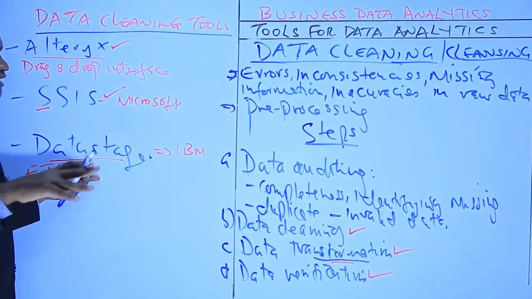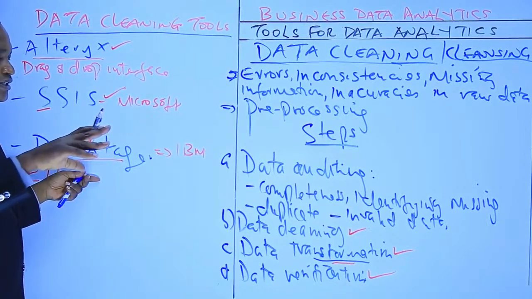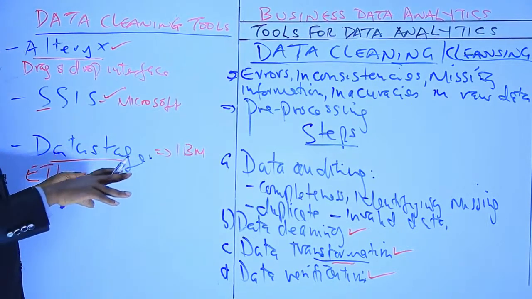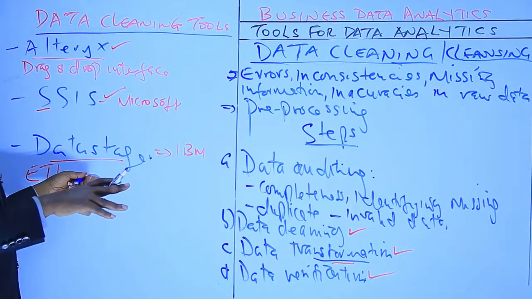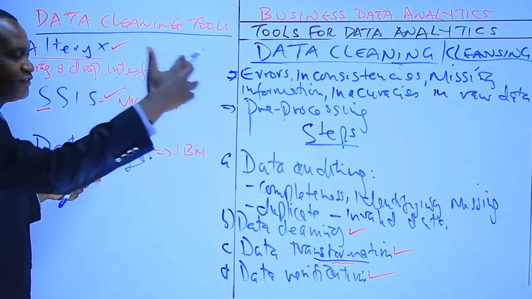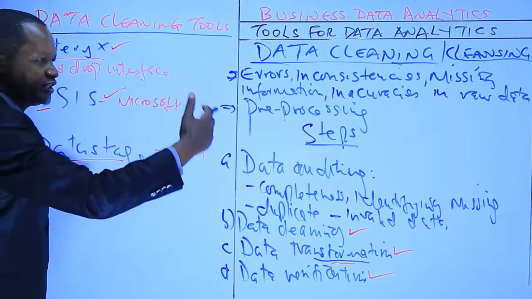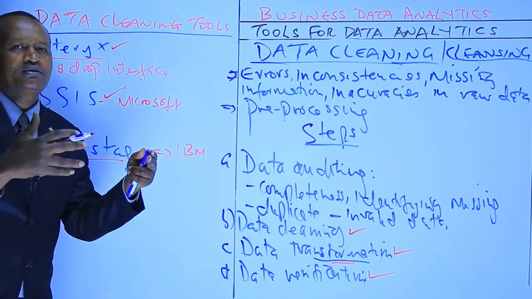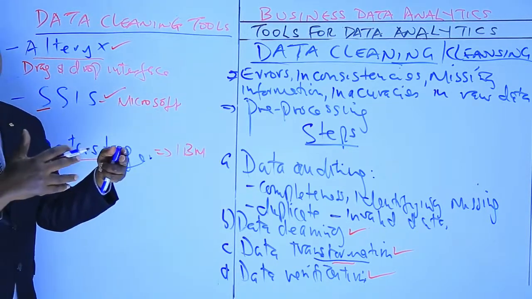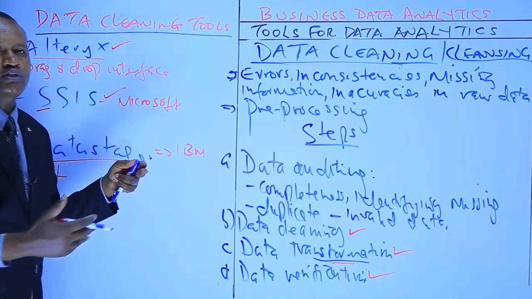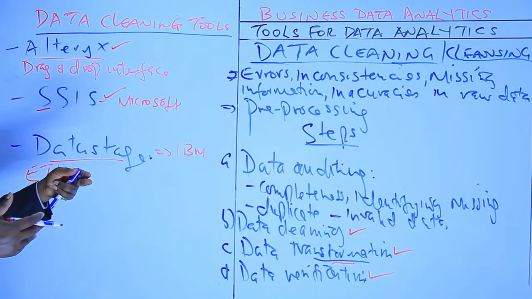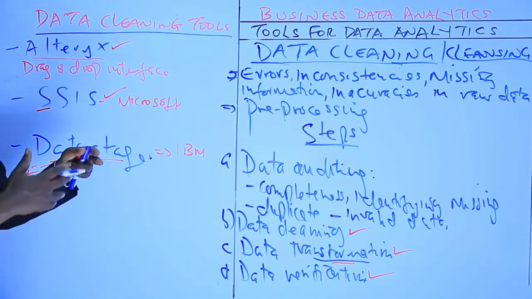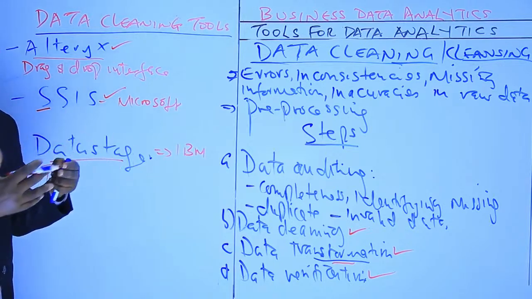The DataStage software can extract, it can transform, and then load data from different databases, from different sources, and then target the information into a certain destination, like say a data warehouse or a data mart.